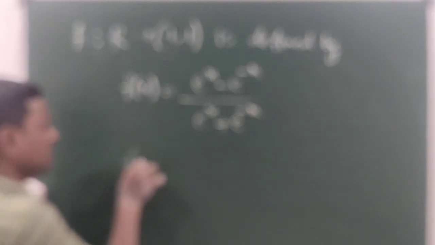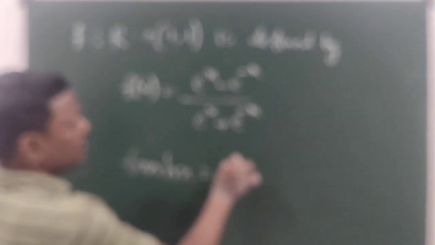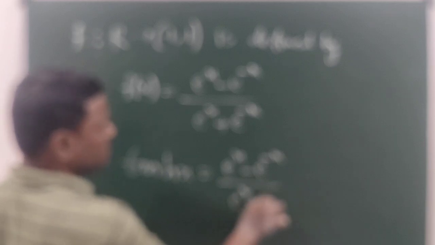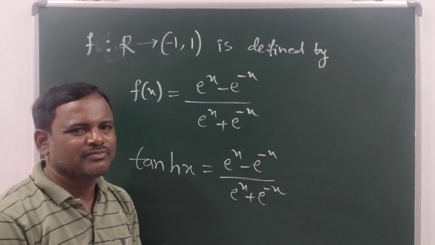It is called the hyperbolic tangent function, denoted by tan hx, which is equal to e power x minus e power minus x by e power x plus e power minus x. Whose domain is the set of real numbers, whereas range is -1 to 1 only.